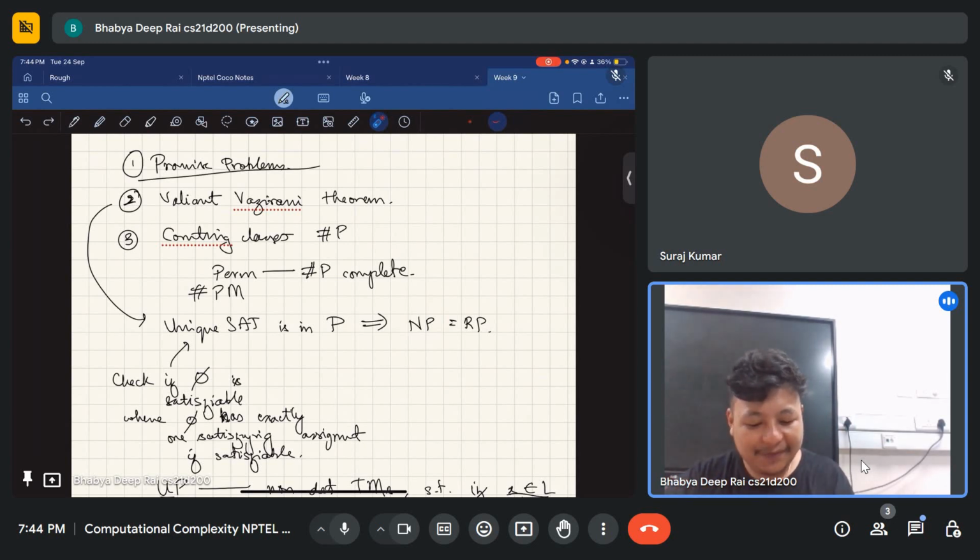Therefore, expecting that unique SAT is in P is likely not true. So unique SAT is probably closer to SAT, in other words as hard as SAT. That is what the Valiant-Vazirani theorem is all about. Is that clear?